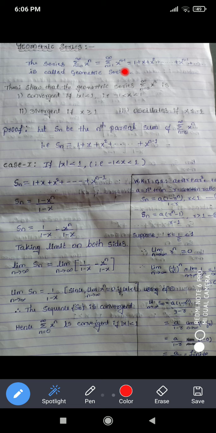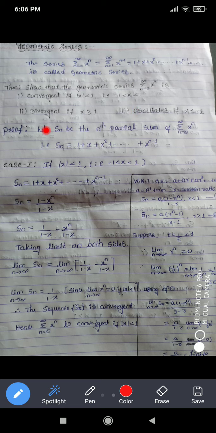Okay, so using one important theorem, we show that the geometric series summation n equal to 0 to infinity of x raised to n is, first, convergent if modulus of x is less than 1, that is, by the definition of modulus, the value of x lies between minus 1 and plus 1.